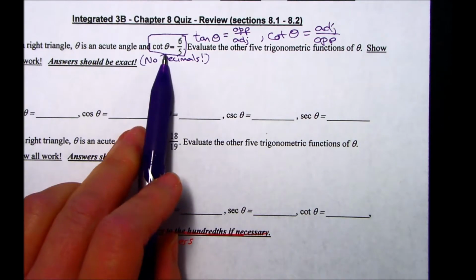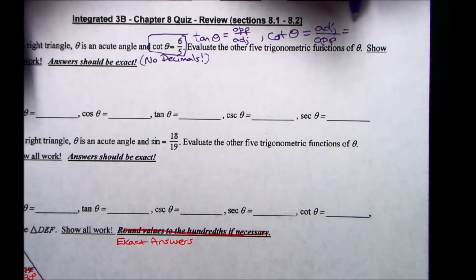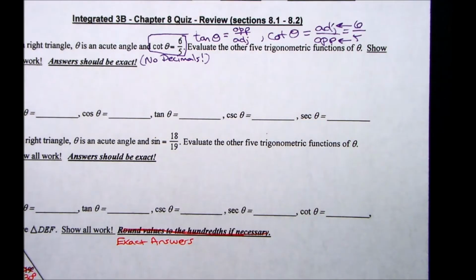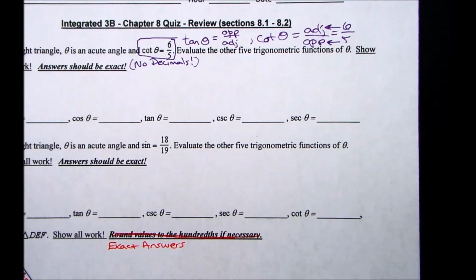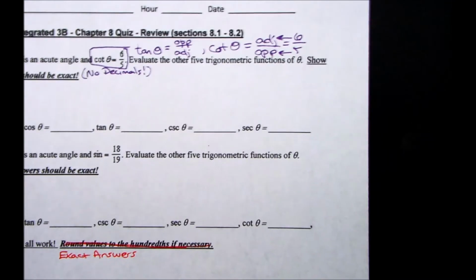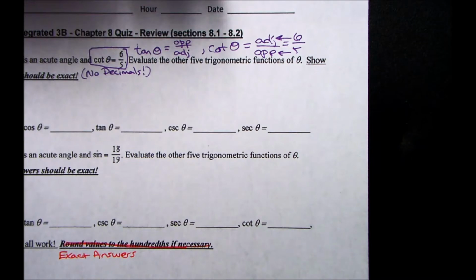So if cotangent theta is equal to 6 over 5, then that gives us our adjacent and opposite. We can use the 6 to represent the adjacent and the 5 to represent the opposite. We still don't know the hypotenuse, so to find it, you're still going to have to use the Pythagorean theorem.